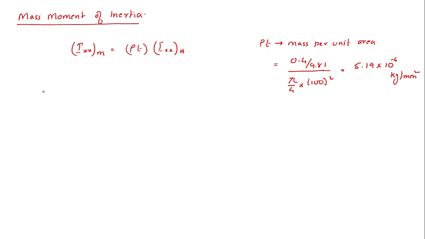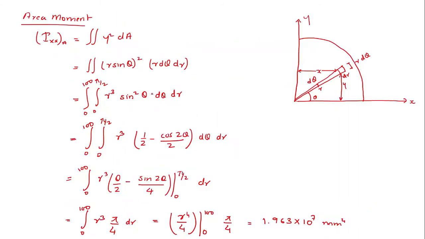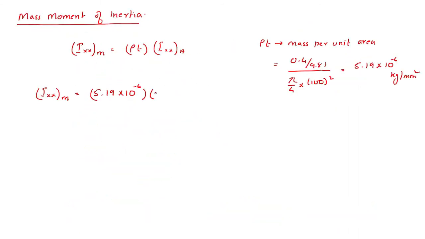Okay, so as such, Ixx m will be equal to 5.19 into 10 raised to minus 6 multiplied by the value which I already obtained, 1.963 into 10 raised to 7, which will give me 101.88 kilogram millimeter square.